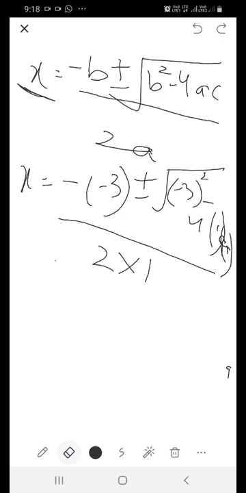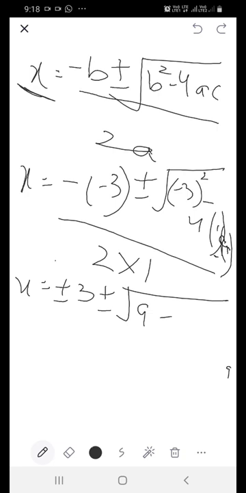And now your equation will be x is equal to plus 3 plus minus under root. Now b square will be 9 minus 4ac. So it will become minus 4 into 1 into minus 9. So minus and minus 9 will become plus. 4 into 1 into 9 will be 36. 9 fours are 36.